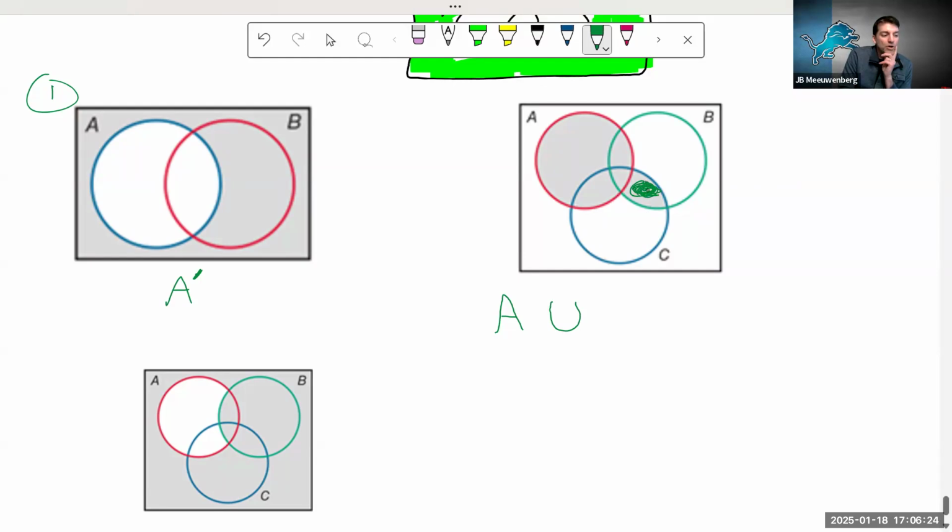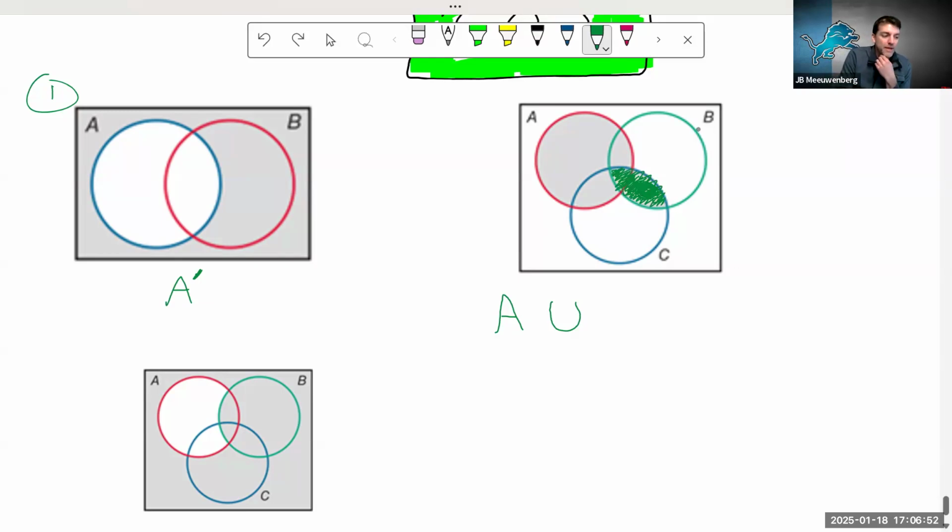If we just focused on this piece, is there a way we could describe it? That's a little tricky. So what we might want to do is expand it to this entire wedge that looks like a little football. This one's a little bit easier to notice. Do you see this shaded region right there? Can you come up with a way to describe that using the sets?